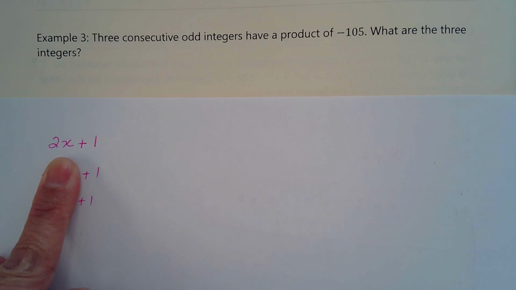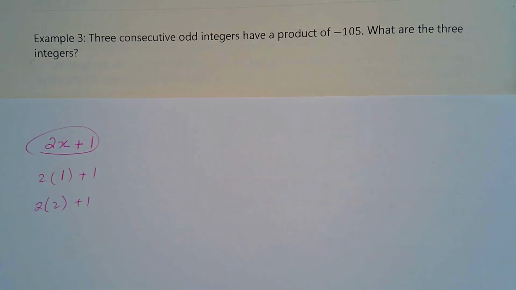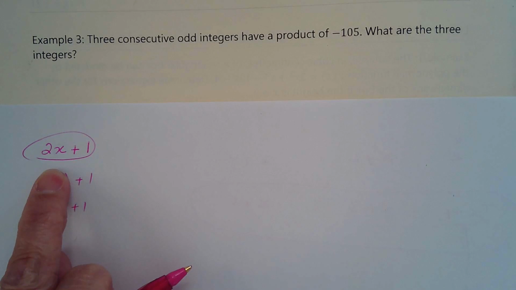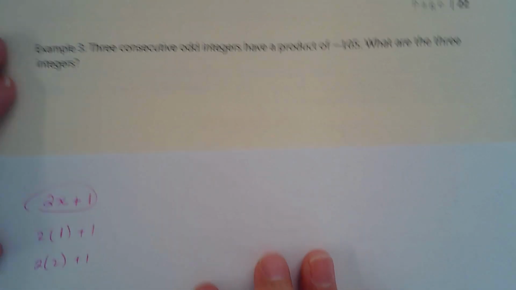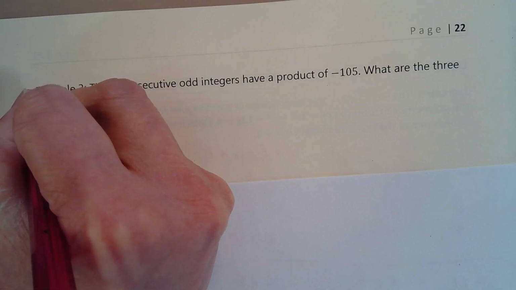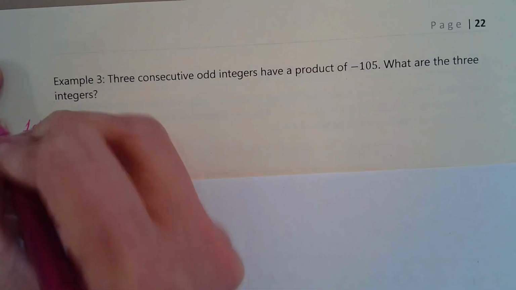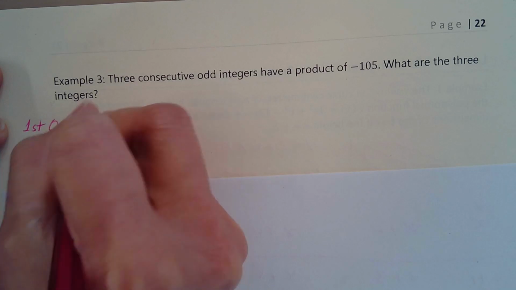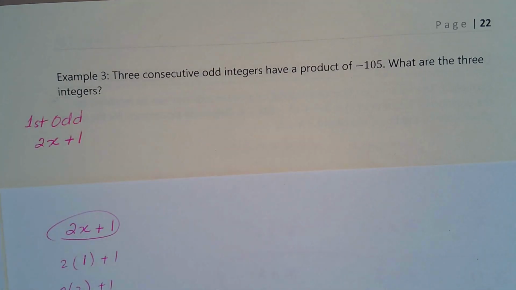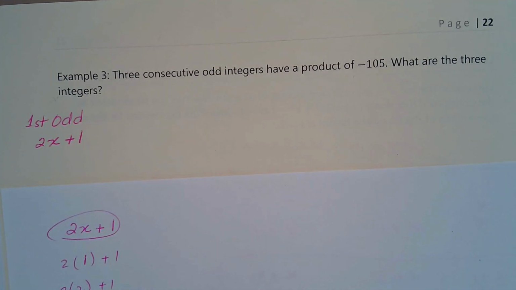But since we added a 1, it will force it to be an odd number right off the bat. Is that okay? So our first odd is 2x plus 1. Now if 2x plus 1 is our odd number, what's the next odd number?